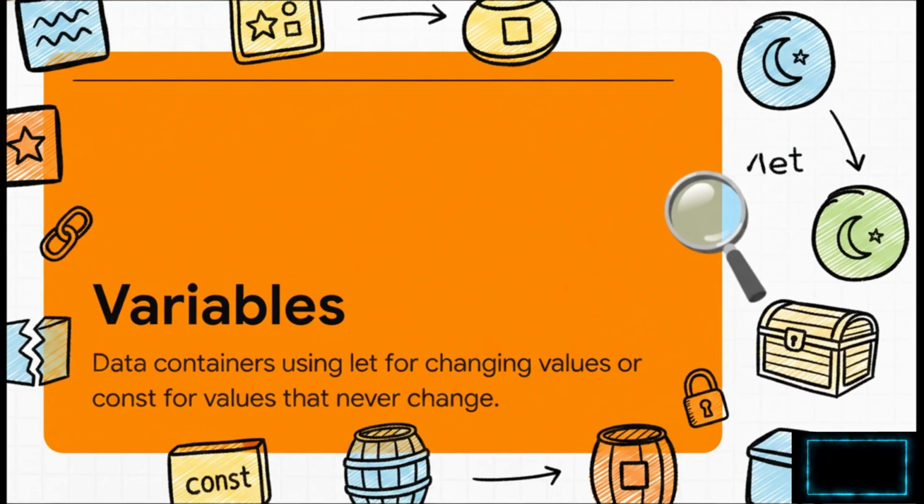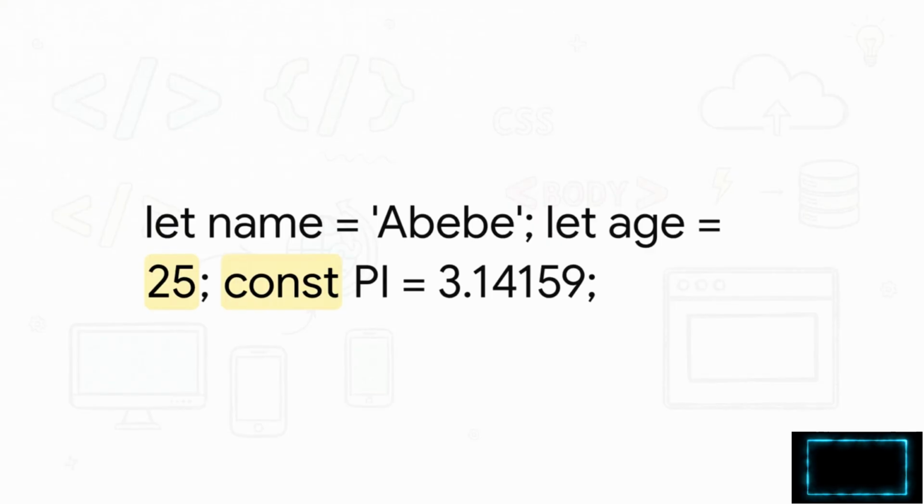Let's demystify some of the core parts of JavaScript, starting with variables, and let's skip the intimidating jargon, okay? A variable is just a simple container for storing data. We use the word let to create a container for values that might change later on, and we use const for values that are constant, meaning they'll never change.